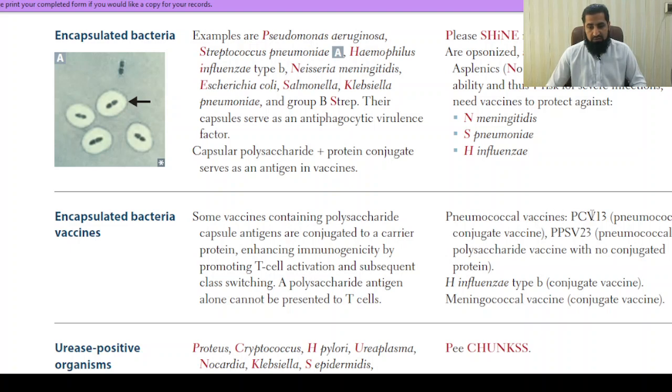Pneumococcal vaccines: PCV13 is the pneumococcal conjugate vaccine, and PPSV23 is the pneumococcal polysaccharide vaccine with no conjugated proteins. The H. influenzae type B conjugate vaccine and the meningococcal vaccine are also conjugate vaccines.